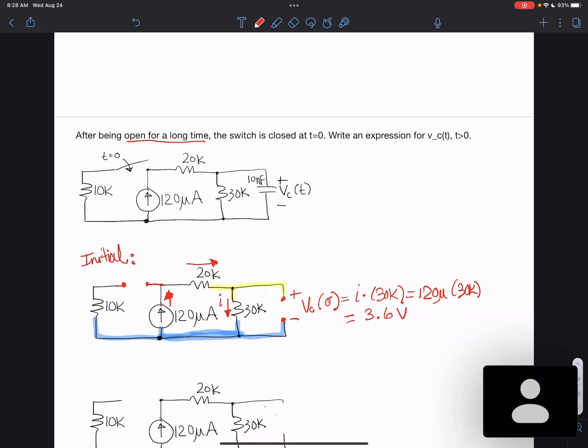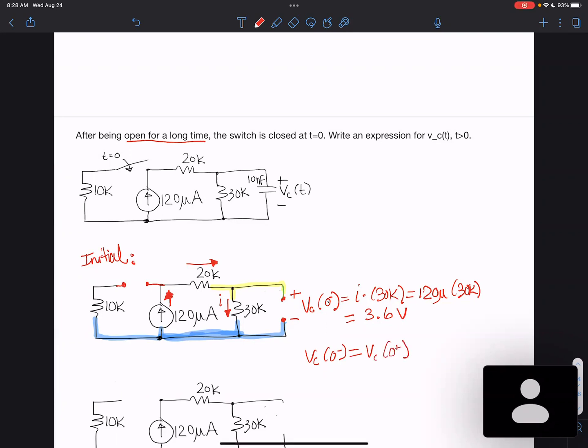Yeah. Thank you. All right, so this is what we would consider our initial value, because right after the switch closes, that VC has got to be the same, right? So VC of 0 minus has to equal VC of 0 plus.